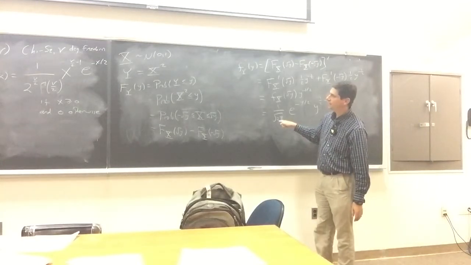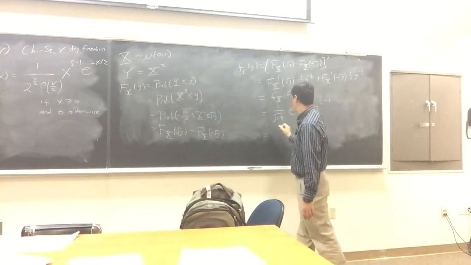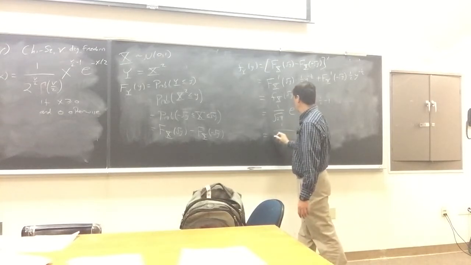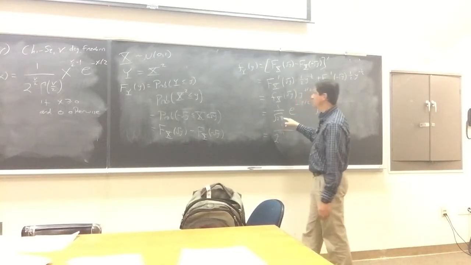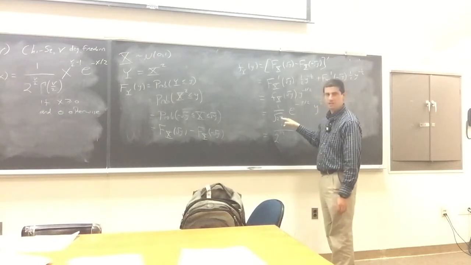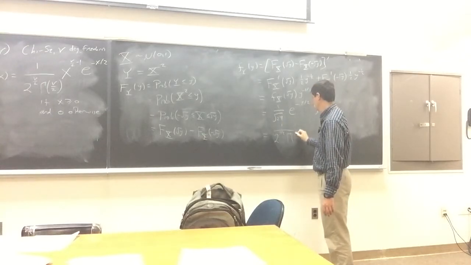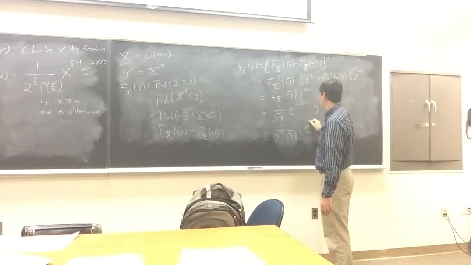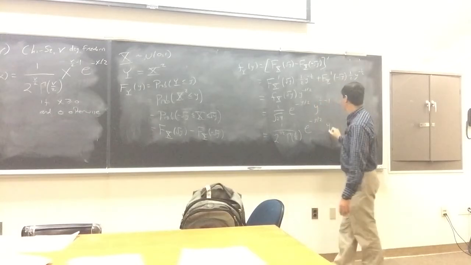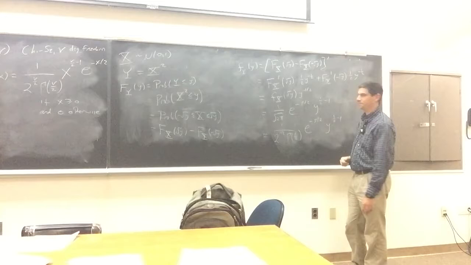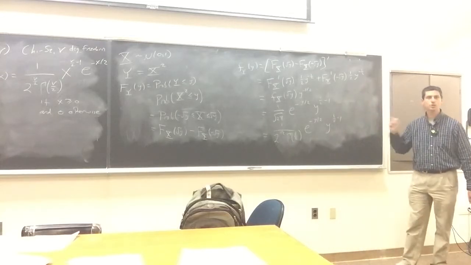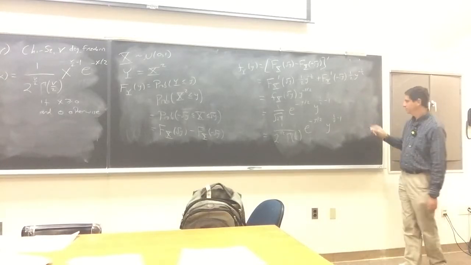Well, now let's look at what we have. This is the same as 1 divided by 2 to the 1/2. Now we know the square root of pi is just gamma of 1/2. E to the negative y over 2, y to the 1/2 minus 1. This is a chi-squared random variable with 1 degree of freedom.